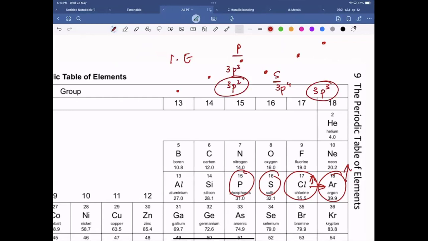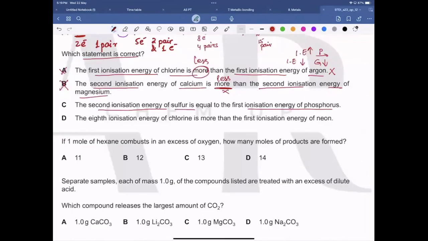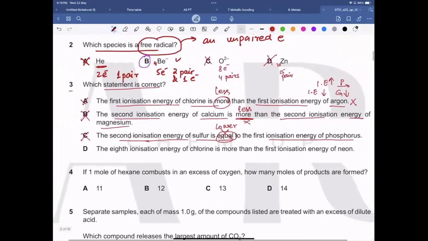It still remains lower than phosphorus because initially it is lower than phosphorus. So it's not even getting equal to phosphorus. Okay, so here "equal" is the wrong one. The correct one would be if it is written lesser or lower, so C goes wrong as well. So if C is a wrong statement, then our correct statement is D.